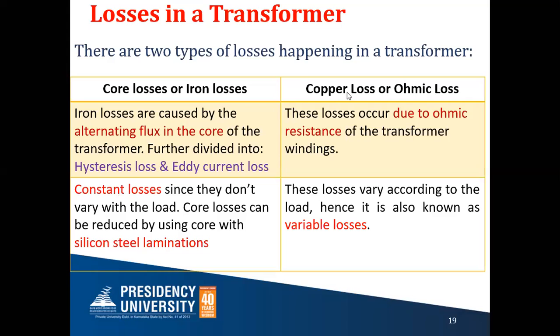Right. And in the same way, when we discuss copper loss, it is due to the resistance of the winding. Resistance will make the loss. How does it happen? The resistance always opposes the current, right? The copper loss is happening in the winding, which carries a current and has a resistance.